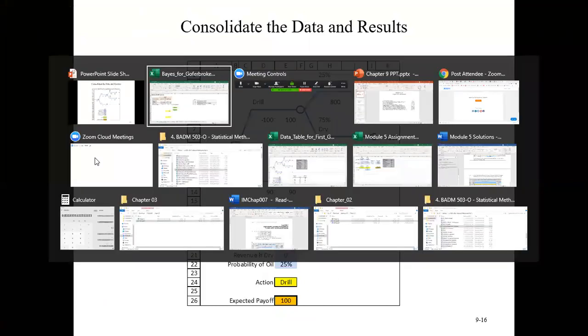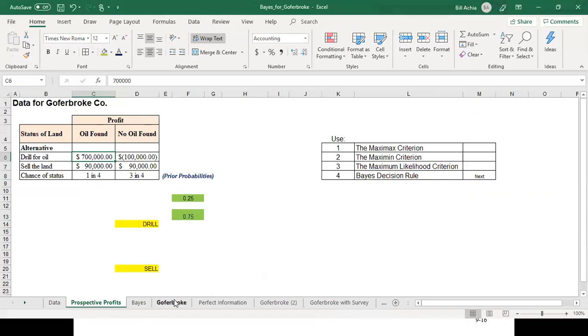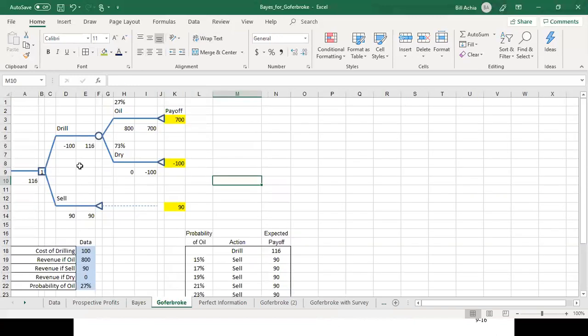Now, the thing that I want you to get from this, apart from just drawing a tree diagram, is how do we use this to inform us on what to do?